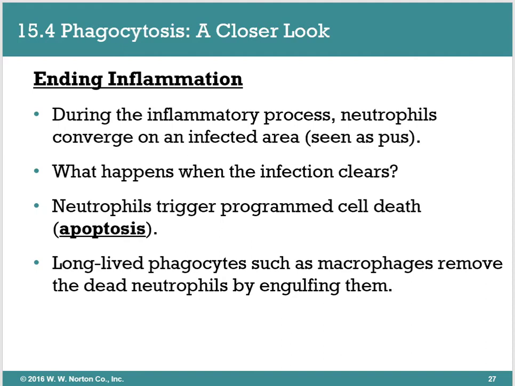But what will happen is that after the infection is all cleared, the neutrophils will sense that their job is done, all of their enemies are taken care of, and they will undergo cell death. They will die. Then a macrophage will come in and remove the debris. He'll come in and clean up the battlefield, and inflammation will cease because macrophages as well as other immune cells are no longer being signaled to go to that area.